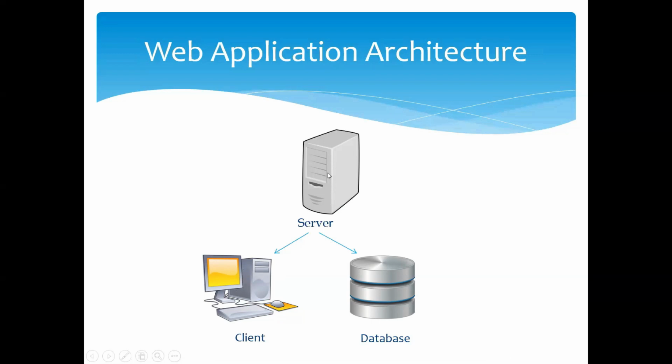After the login button is clicked, the data from the client side goes to the server. The server processes it and connects to the database, asking whether the information provided by the user is available in the database or not. Then the database responds to the server, and the server responds to the client. If the data is present, the server reflects that back to the client. If it is not present, then the server says that the username or password is wrong. Okay, so this is the common example.